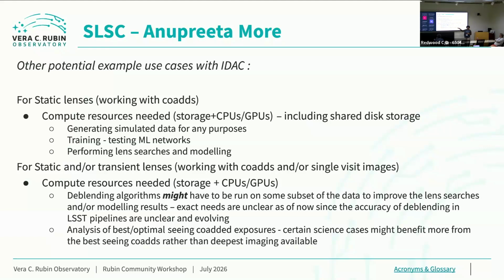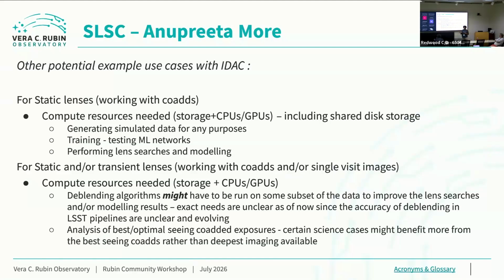Having a good deblending algorithm is very important for us to be able to find those lenses or even extract useful scientific parameters from the analysis of these lenses. So we would be interested in running some deblending algorithms on these data, which could be either coadds or single visit images.